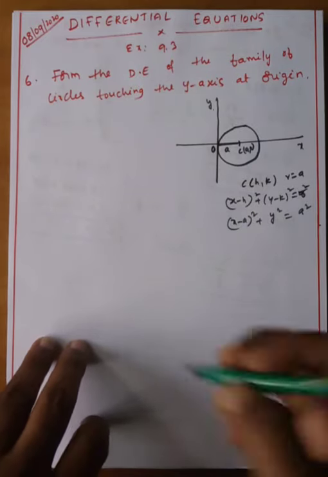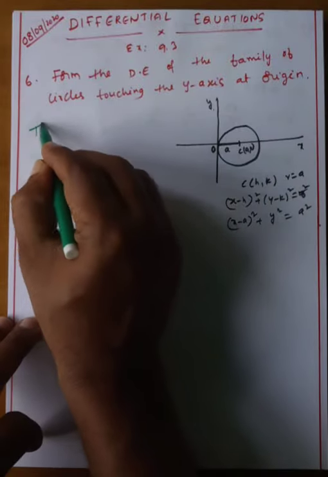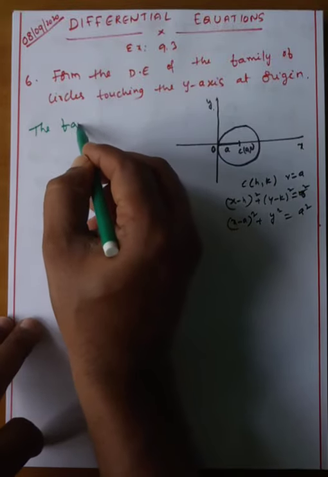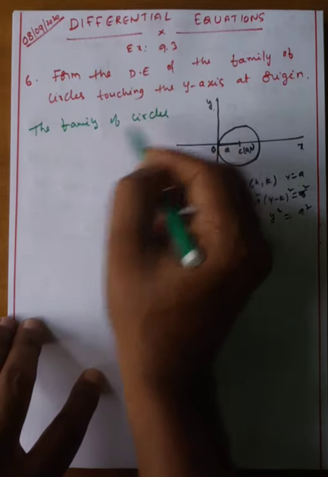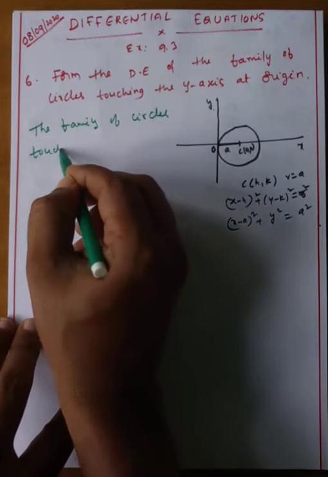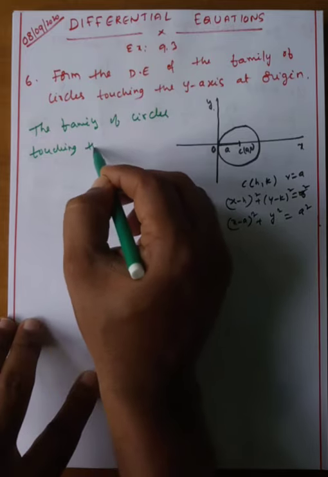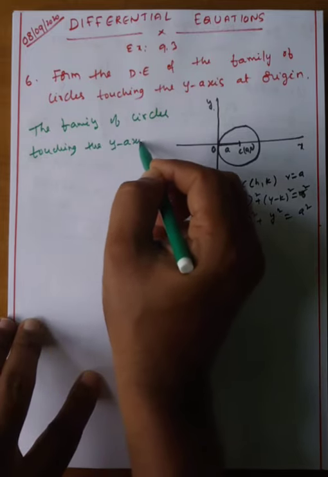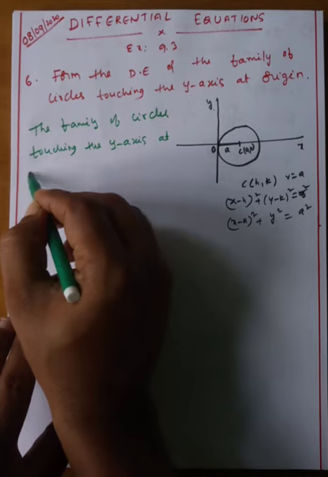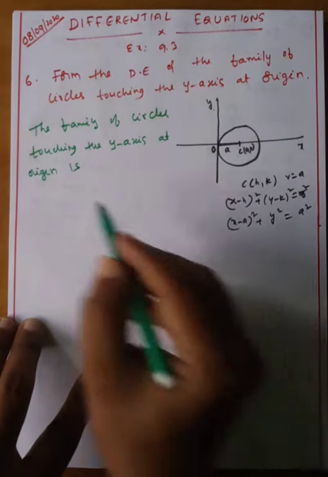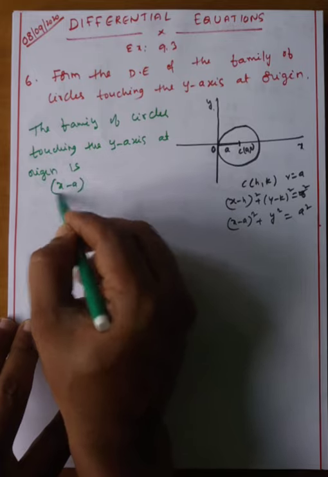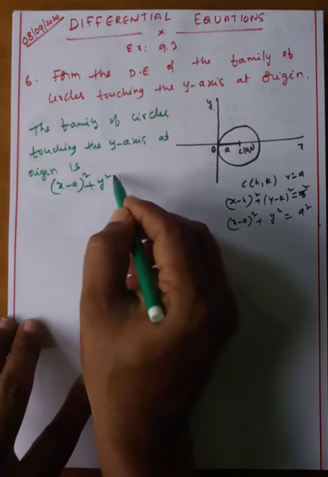That's why the family of circles touching the y-axis at origin is given by this formula: x minus a whole square plus y square is equal to a square.